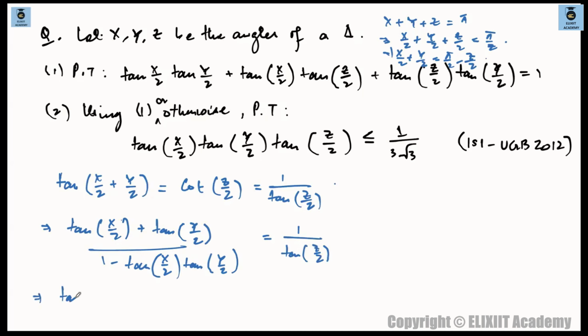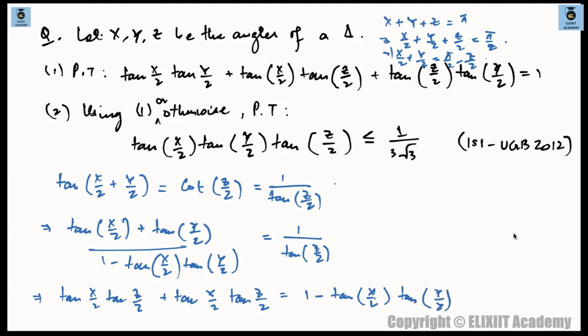So tan x by 2 tan z by 2 plus tan y by 2 tan z by 2, and right hand side we are having 1 minus tan x by 2 into tan y by 2. Bring this term on the left hand side and we are done.